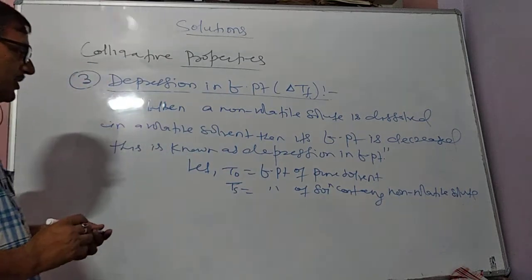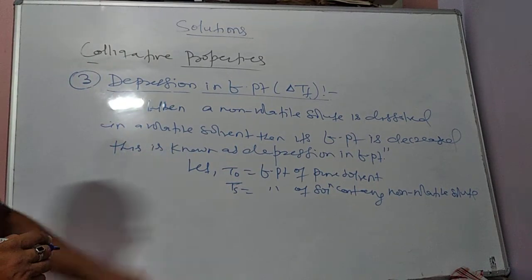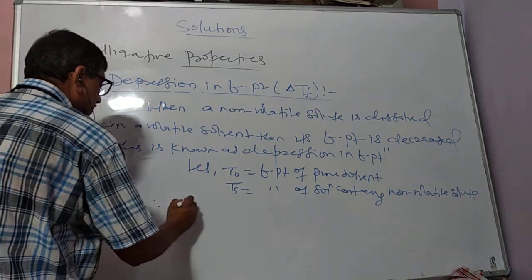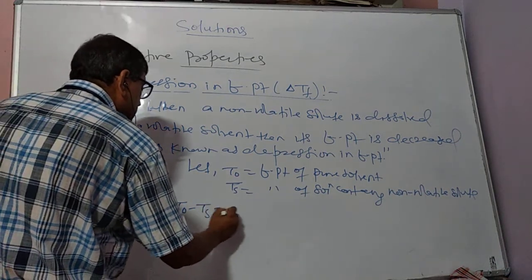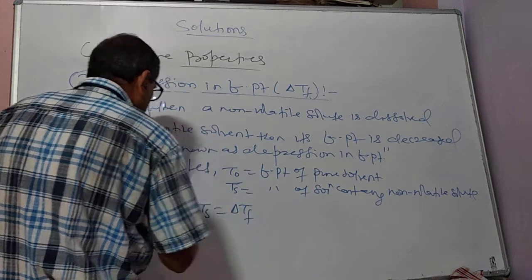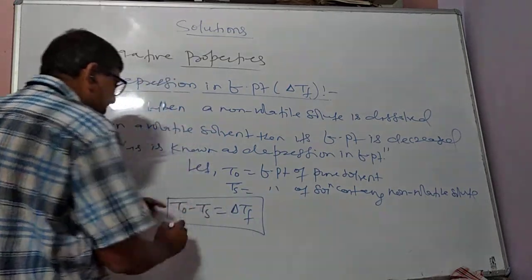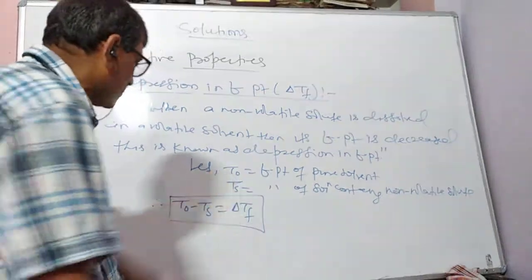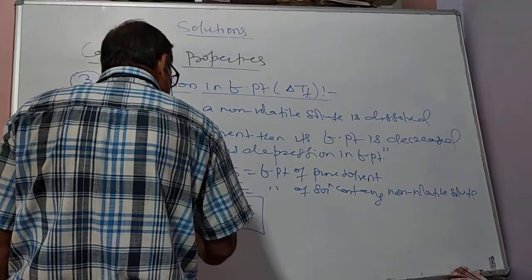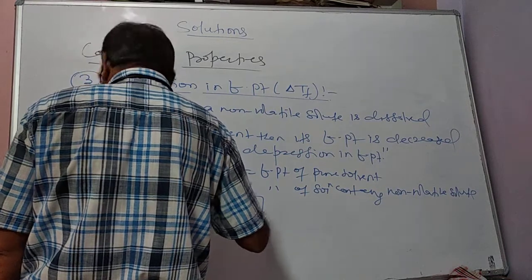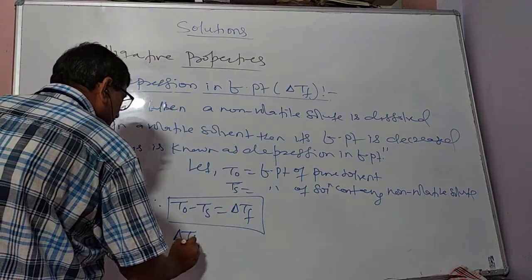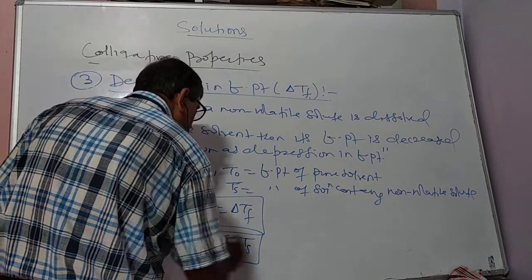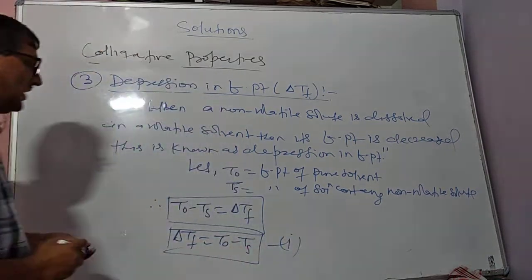Therefore T0 minus Ts is equal to delta Tf. T0 is greater because Ts, the freezing point, is decreased. So delta Tf equals T0 minus Ts. This is equation number 1.